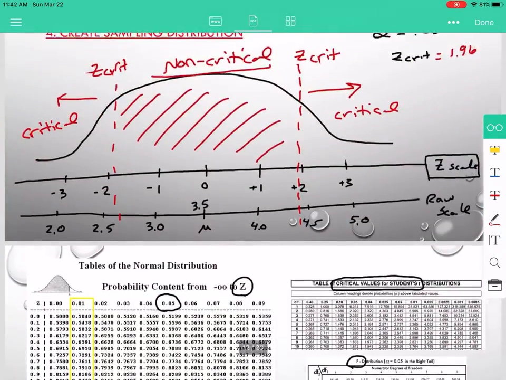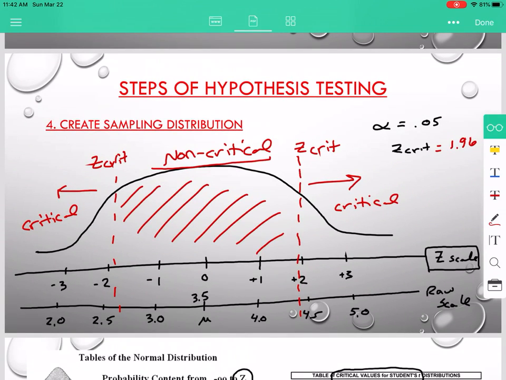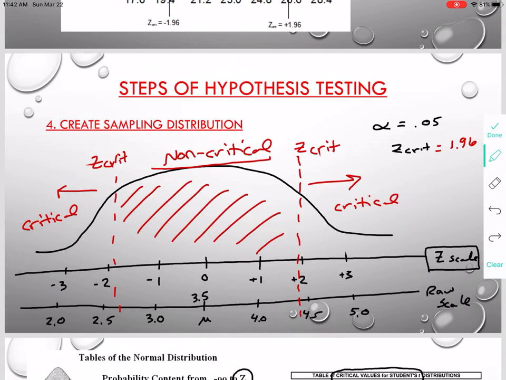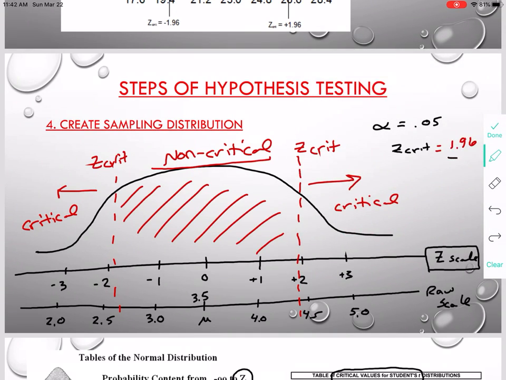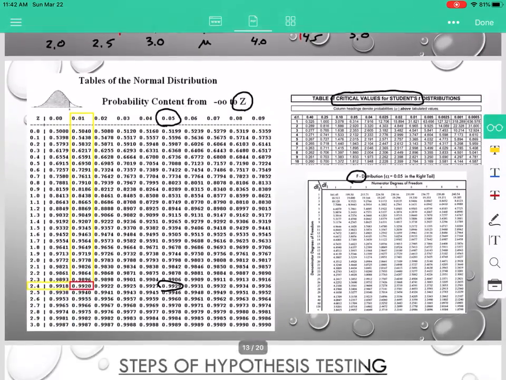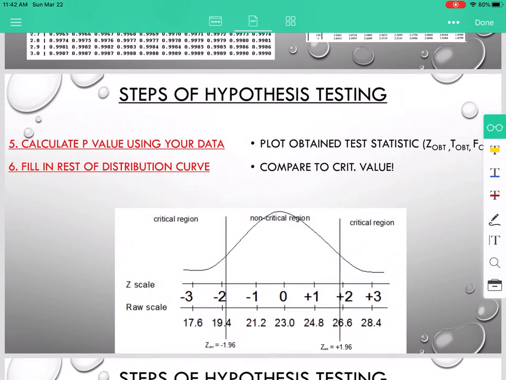In the previous slide, we found our critical value. We had our critical value from a table. So I want to point out that the critical value is different from our actual obtained.